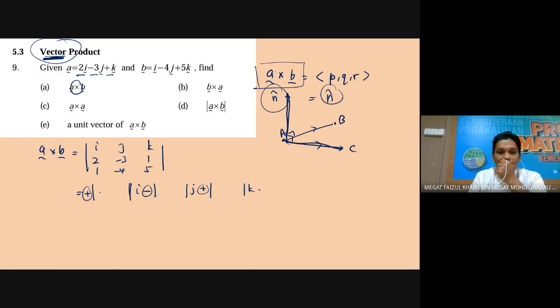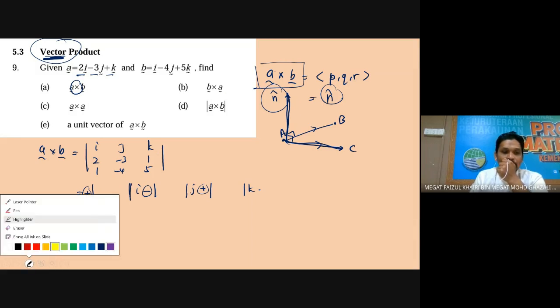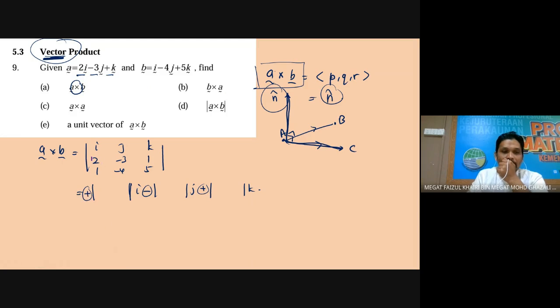So what are we going to fill in here? For element of I, we are going to hide the element of I here. So what you see here now, we got -3, 1, -4, 5.